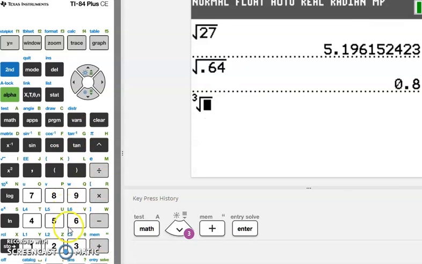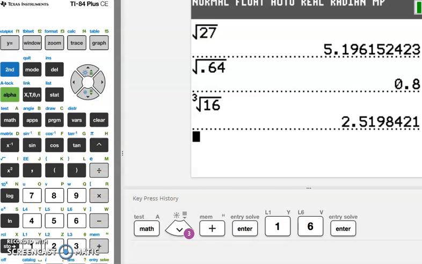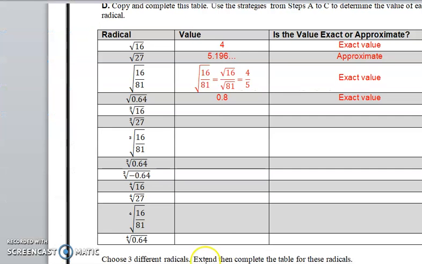Enter, and then we put 16 in, and we hit enter, and we get 2.519 in a bit. So we say that is an approximate.